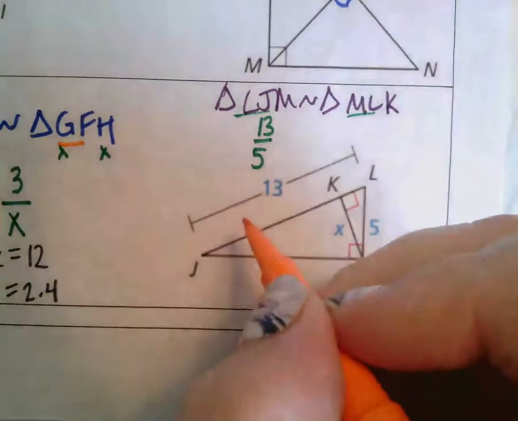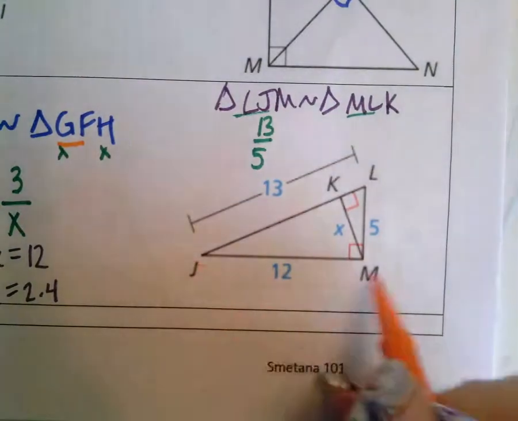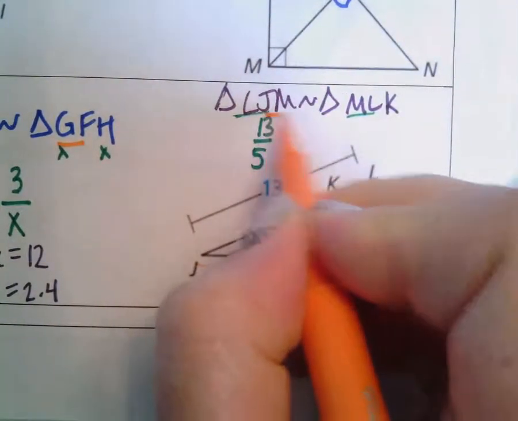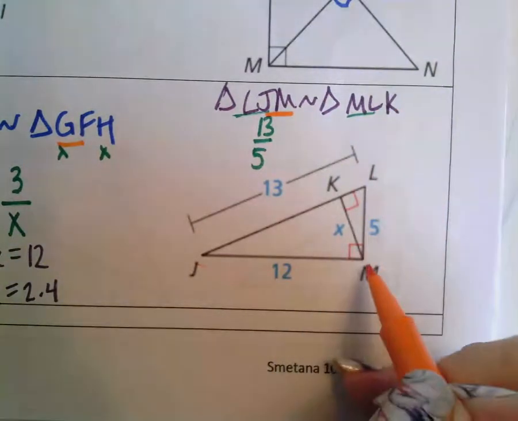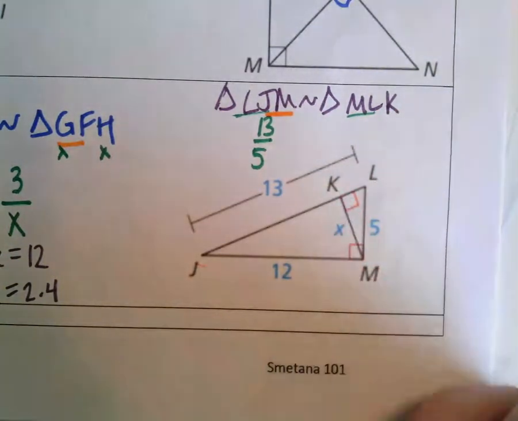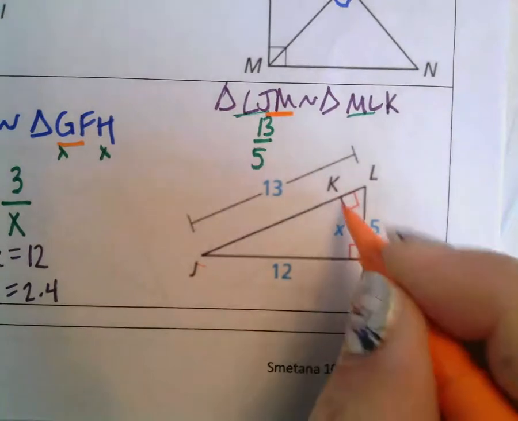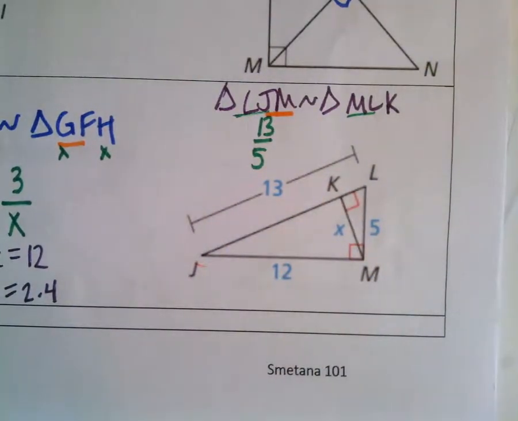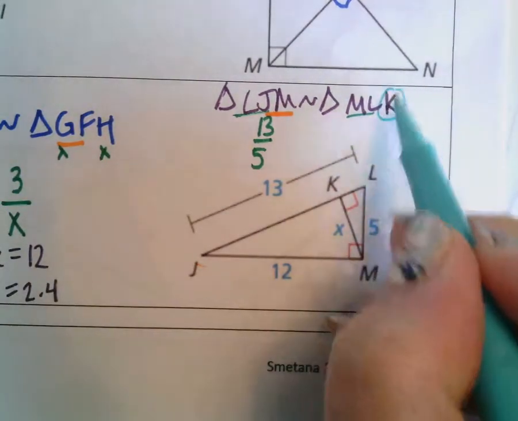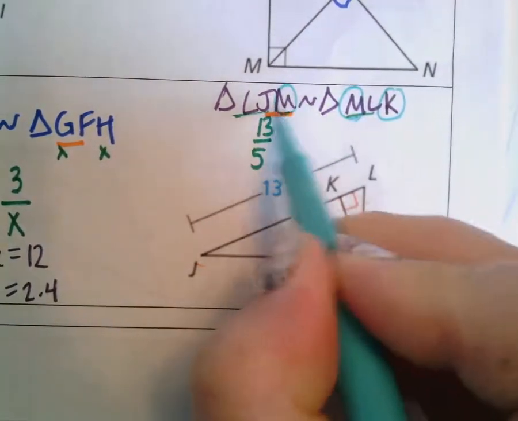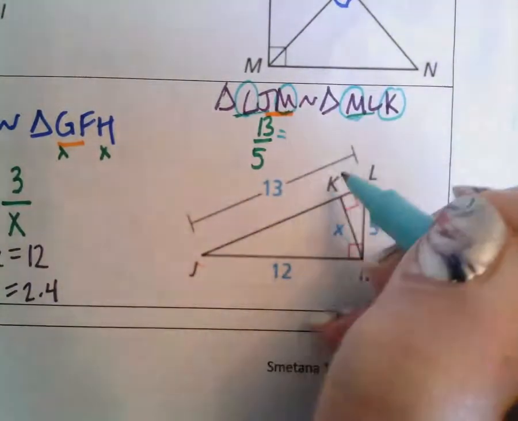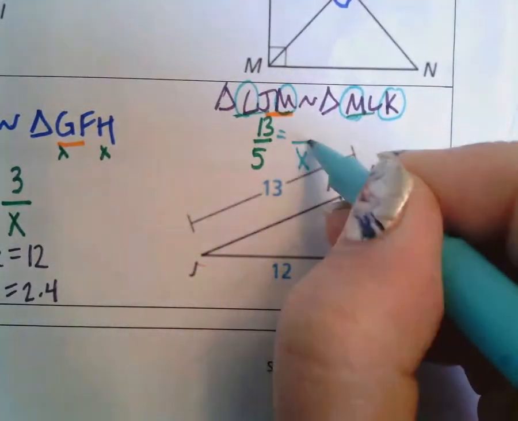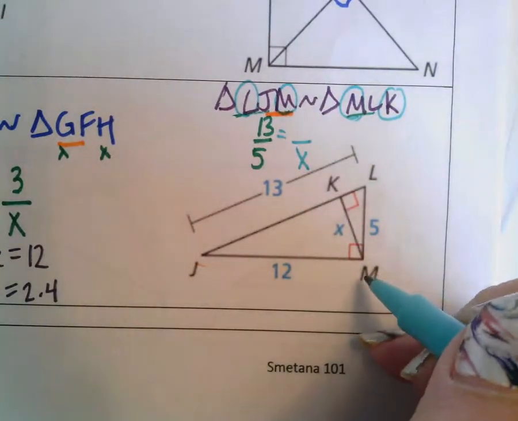And then I have JM, and that's going to correspond with LK, which is not what I need. I need MK. So I actually want to use the one that goes with KM. So K, M, M, L. So KM is my x, and ML is the 5.